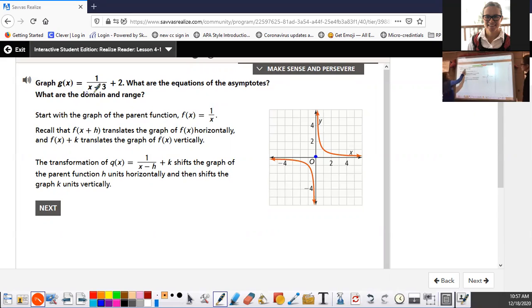And then it's asking us, okay, what does the x minus 3 do? Well, think of it like in parentheses, just like we've been doing in all the sections.